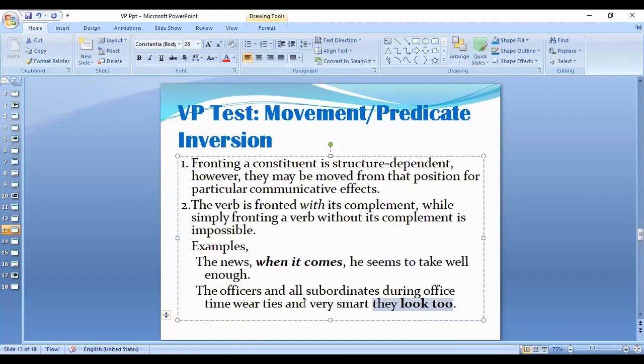Actually we can say that this structure is predicate inversion as well. They look very smart. They can be moved ahead as well. So "they look too" is a verb phrase signaled ahead, so by this approach of testing, we can define whether this constituent or element is a verb phrase or not.